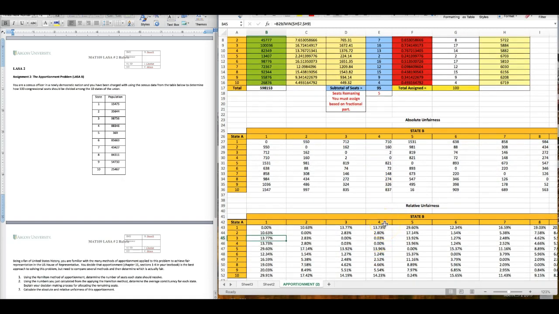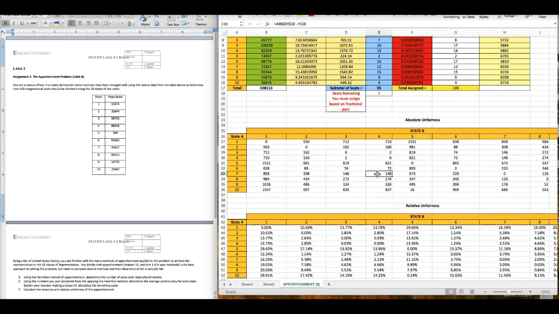Okay. Now, with that being said, in your report, what I am expecting you to do is to not only give me this Excel file as a means of your calculations, but I must see that you actually made at least one or two absolute unfairness calculations and one or two relative unfairness calculations, so that I know that even though you had the spreadsheet, you understand how you actually got this number here.